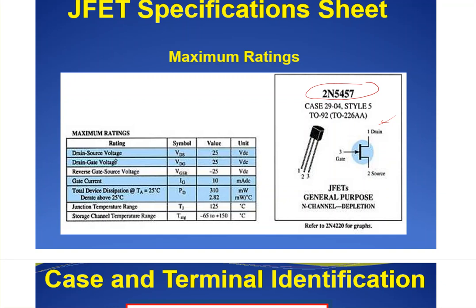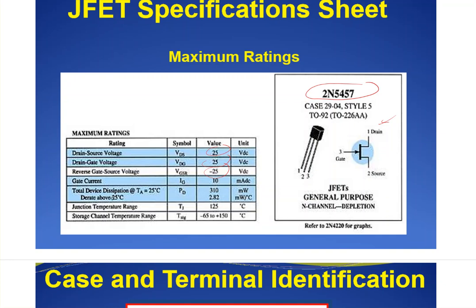The drain source voltage, which is VDS, has a maximum rating of 25 volts. The drain gate voltage is 25 volts. The reverse gate source voltage, which is VGSR, is -25. The gate current is 10 milliamperes. Be careful, it's only milliamperes.